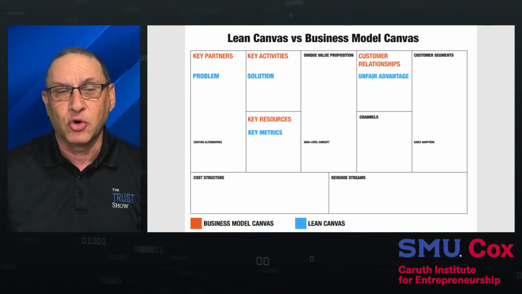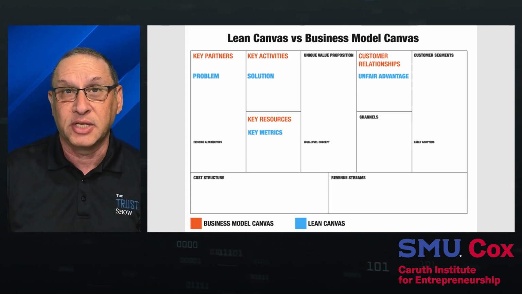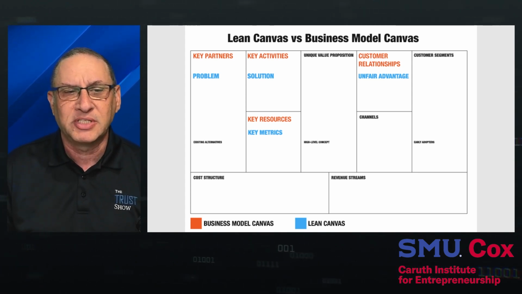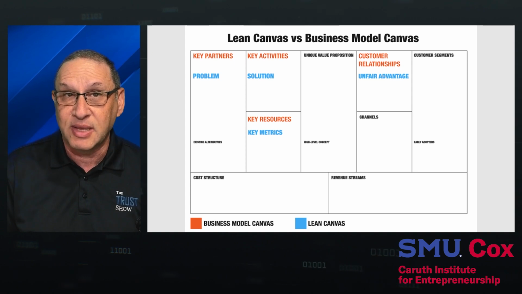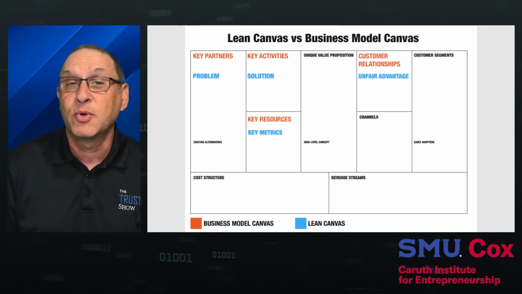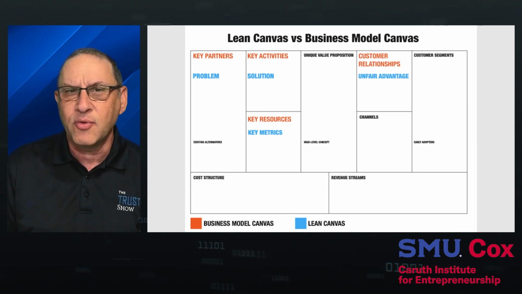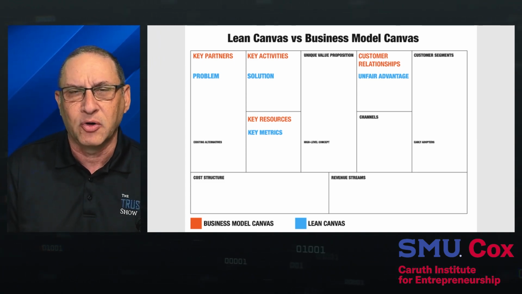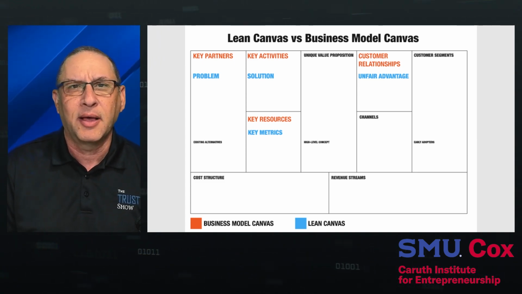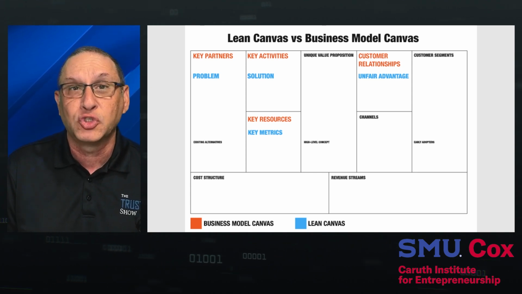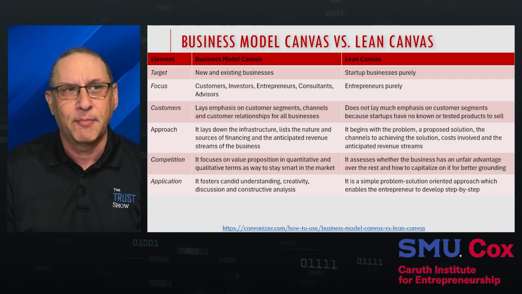Where they have the resources, you will have the metrics that you're measuring. Unique value proposition is still there. A high-level concept is something that you add. Customer relationships, instead of that, you'll talk about unfair advantage. And the rest of it is very similar. Once again, this canvas is made more for startup companies, early stage companies.